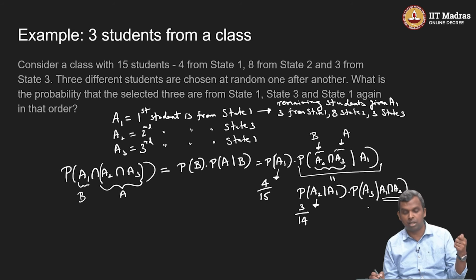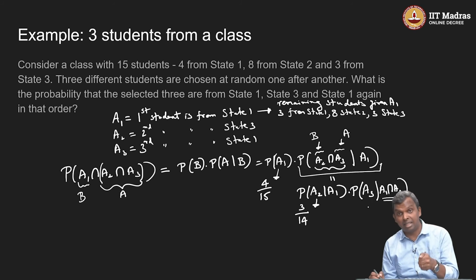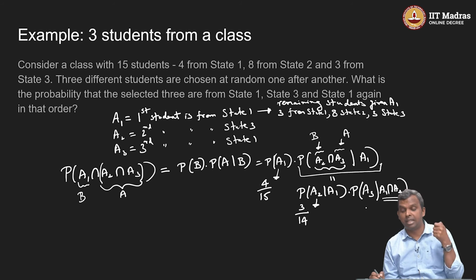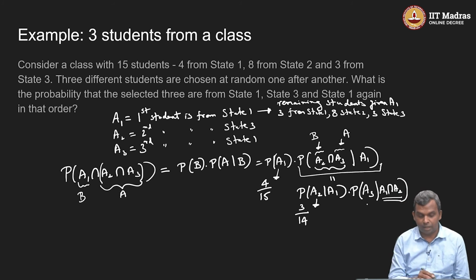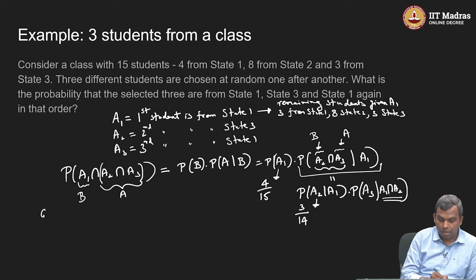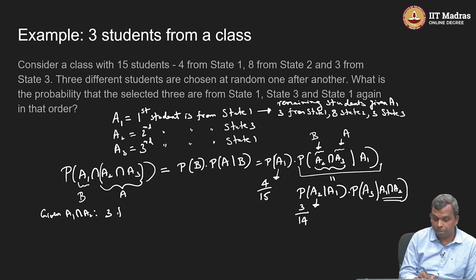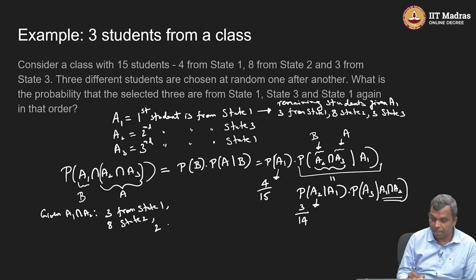The first student has been chosen, that was from state 1, and then the second student was chosen, that is from state 3. Okay. So now after A1 intersect A2, so given A1 intersect A2, you will have 3 from state 1, 8 from state 2, and 2 from state 3.